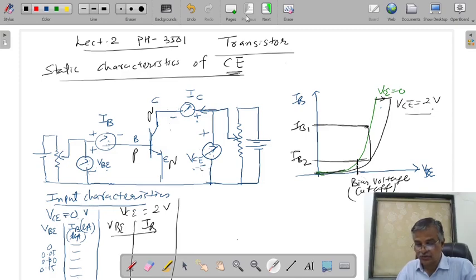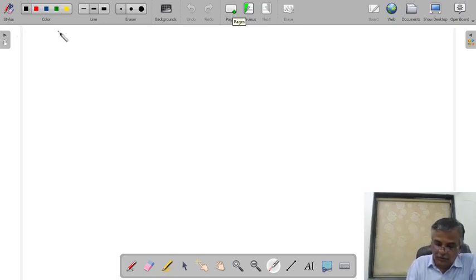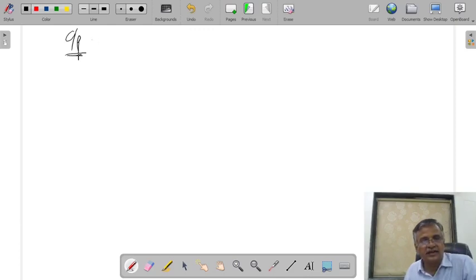Now let us talk about output characteristics. Now I am discussing the output characteristics. In output characteristics, you have to keep your base current fixed, say 20 microampere.